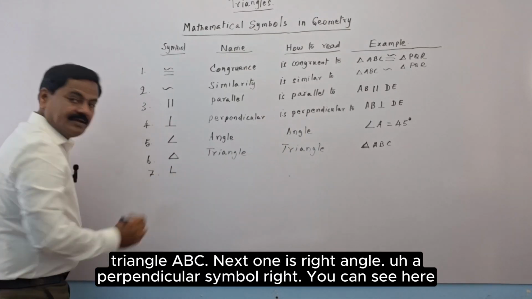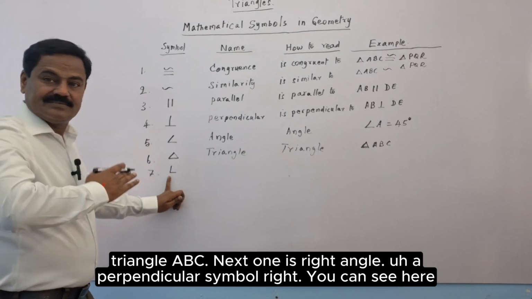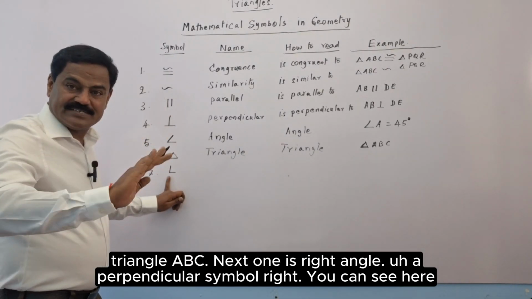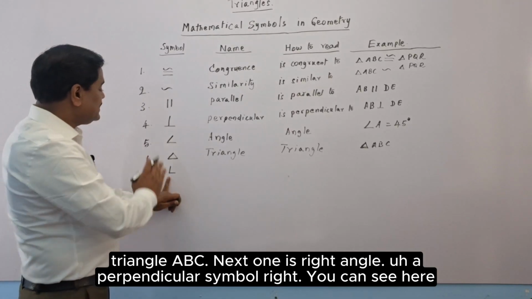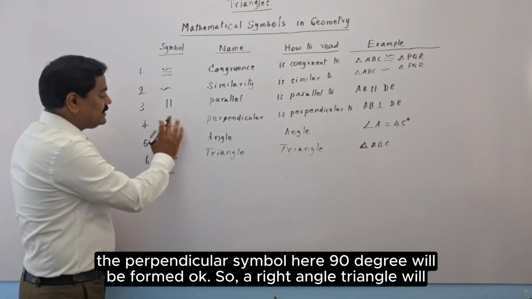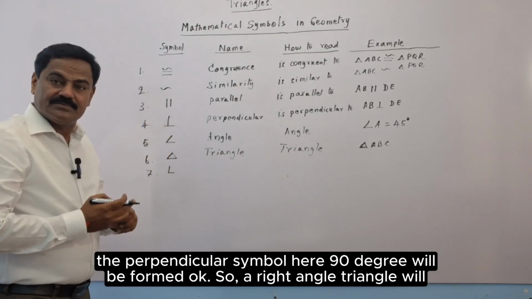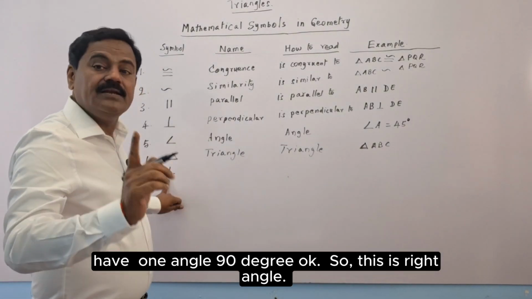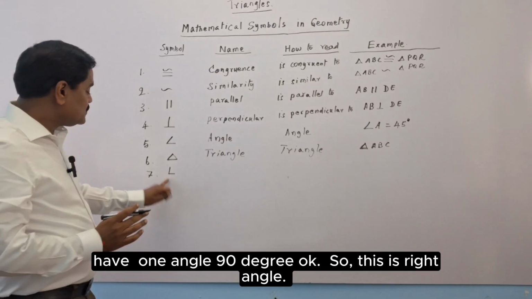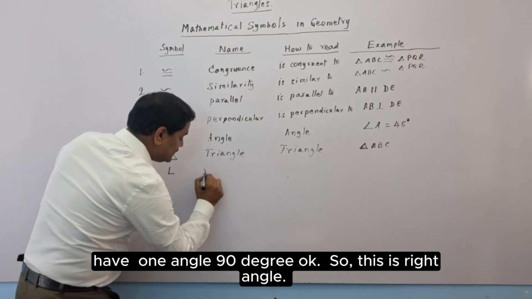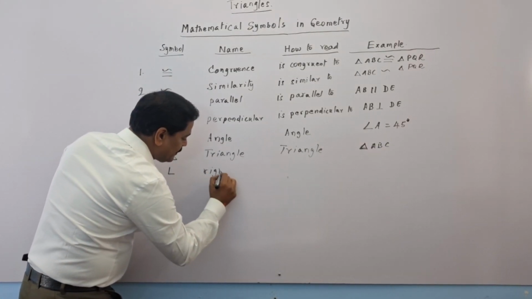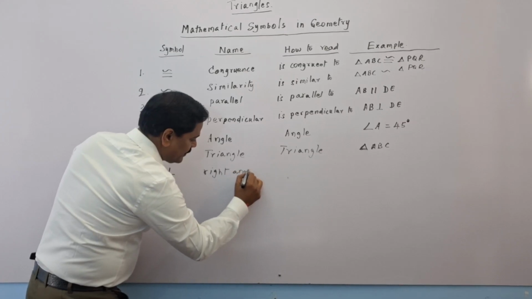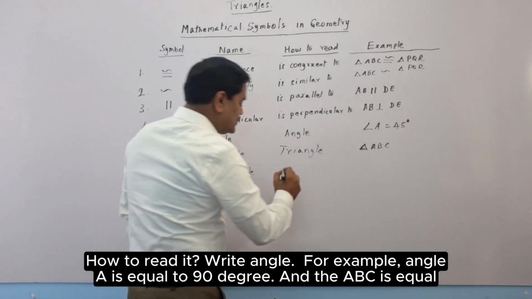It is exactly a perpendicular symbol. You can see here the perpendicular symbol. Here 90 degree will be formed. So a right angle triangle will have one angle of 90 degree. So this is the right angle. How to read it?